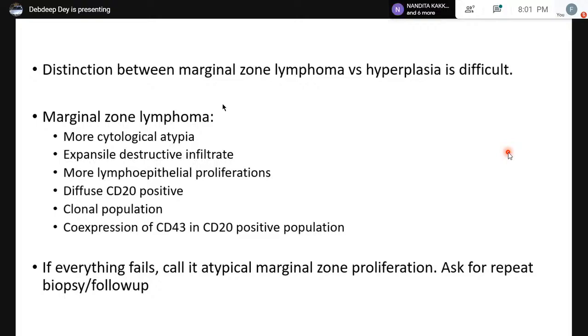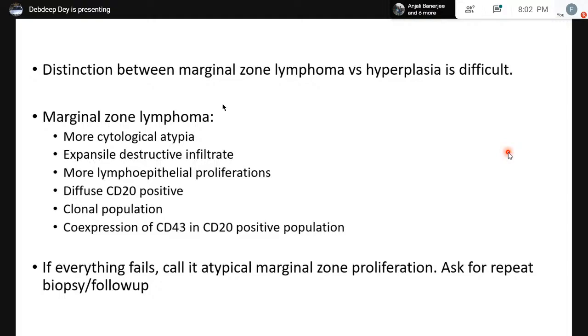You can ask for clonality, or you can ask for a repeat biopsy, or because it's a low-grade lymphoma, you can allow the patient to come back after a certain time, and thereby allow the disease to manifest itself on a larger scale, in which diagnosis may be easier.